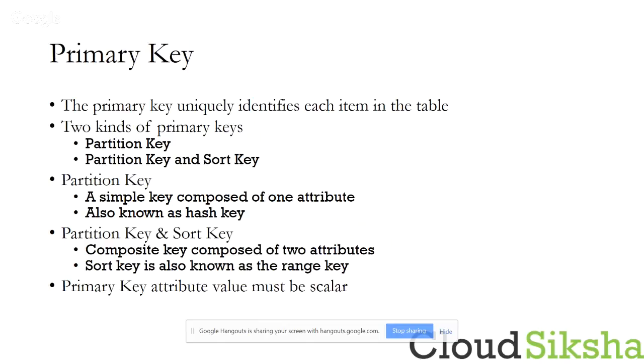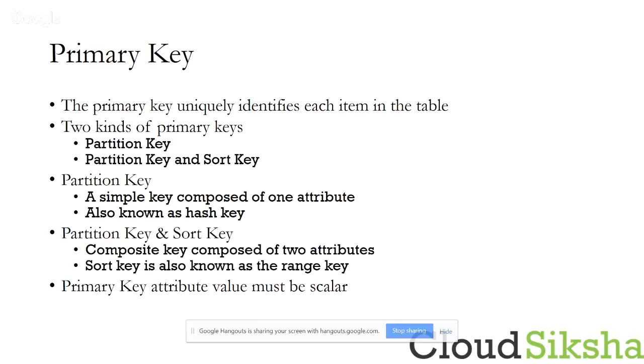In certain cases, you can have what is called a partition key and a sort key. This is useful in certain cases. For example, let me say that I'm listing out the albums of various musicians, in which case I can have the name of the artist as a partition key and the album name as a sort key.